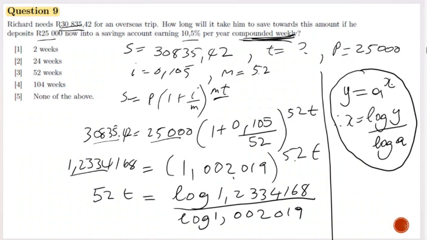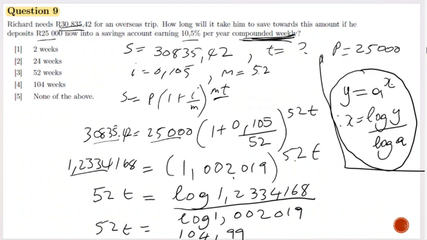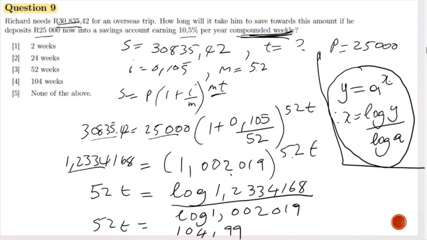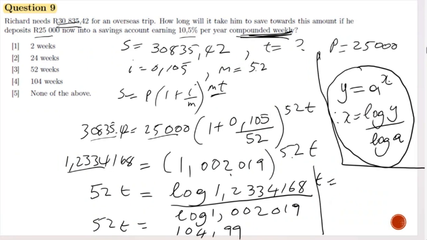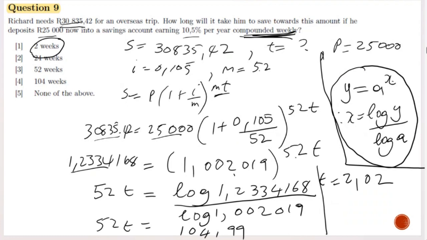Okay, this becomes simpler. So you are going to have your 52t is going to be 104,99. Then through simplification, you will see that your t is equal to 2,02. Okay, to the nearest is going to be 2 weeks.